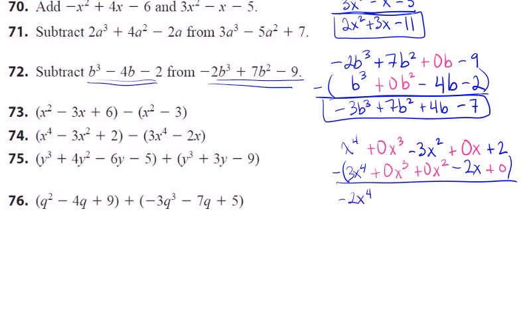Right? We don't end up with an x cubed term here, so we can leave that out. Then we have negative 3x squared minus 0x squared, which is negative 3x squared. 0x minus negative 2x is positive 2x. And then 2 minus 0 is 2. So that's our final result. Just to clean it up, I'll write it more sequentially.